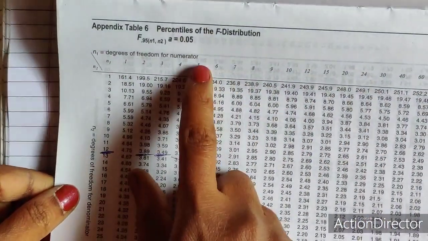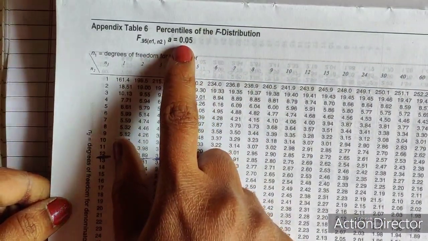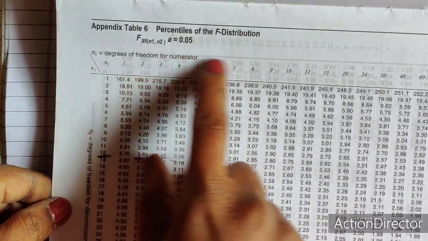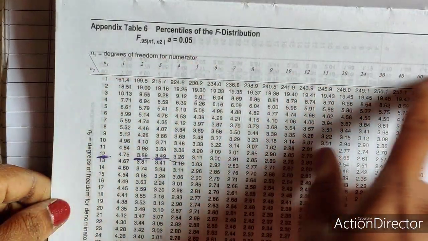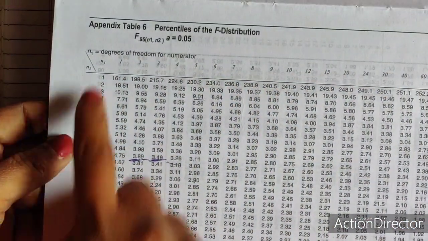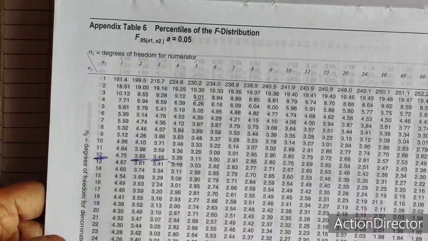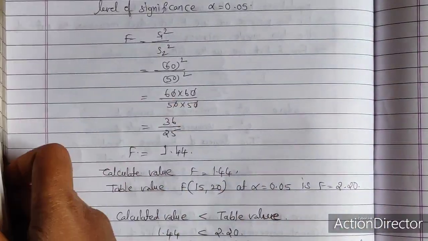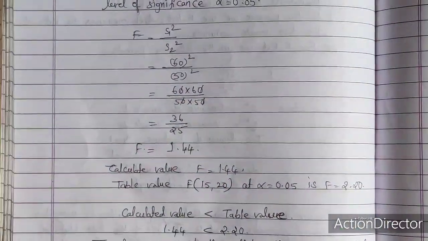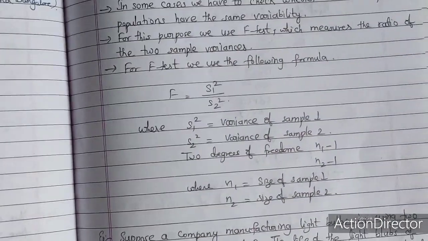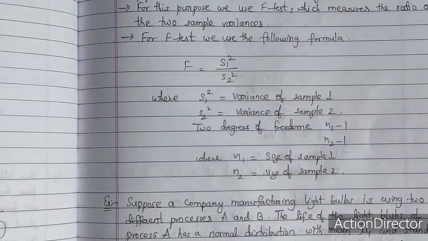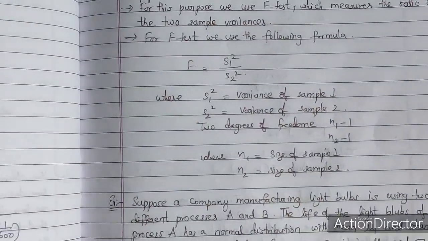So this is the F distribution table, here alpha is equal to 0.025. At the top we have the degrees of freedom for the numerator, and here the degrees of freedom for the denominator. We calculate the degrees of freedom as n1 minus 1 and n2 minus 1, so we subtract 1 from the sample size.